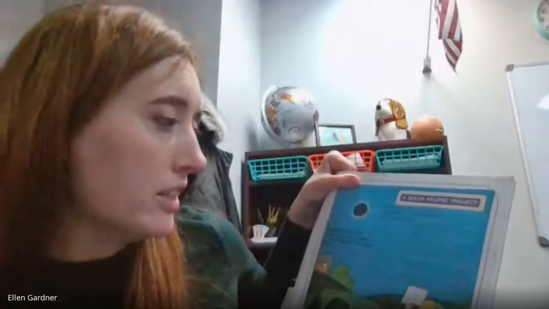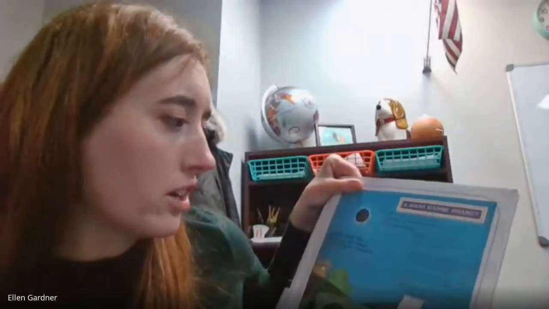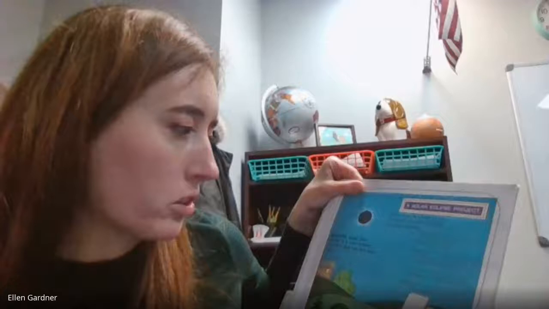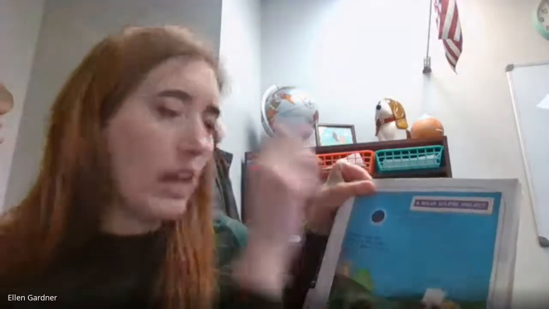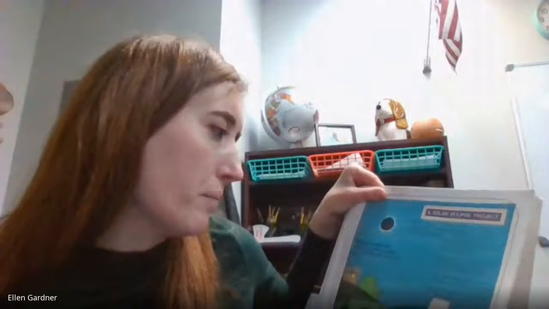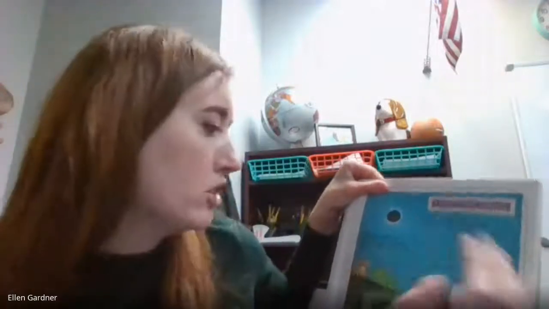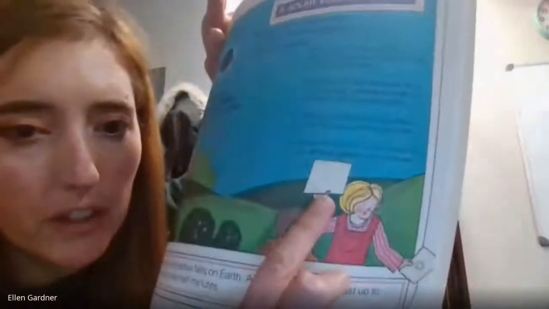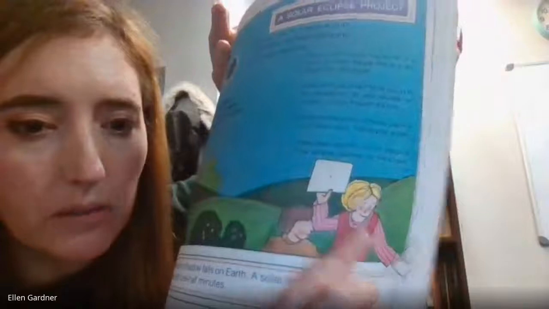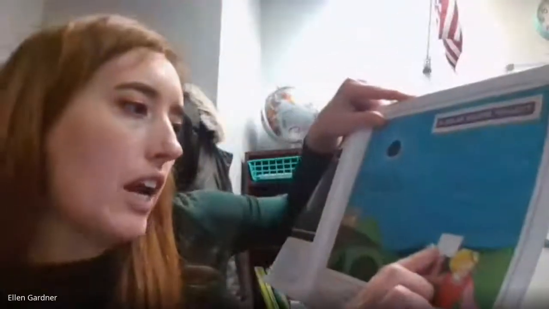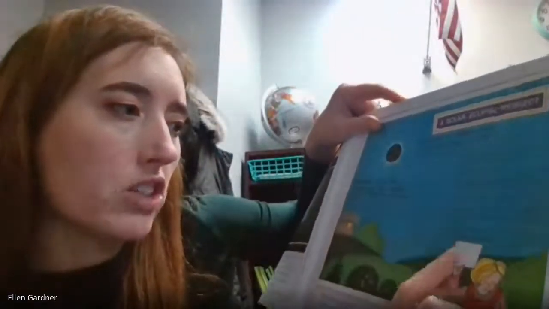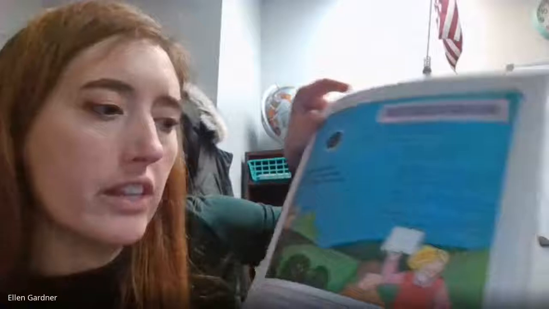Stand with your back to the sun and hold the projector at your shoulder so sunlight shines through the hole, allowing some sun to come through to another piece of paper with your hand, and that would be the screen. She's got a piece of paper with the hole, and then the sun comes through to that paper. And move both papers until an image of an eclipse appears on this paper here. That would kind of give you an idea of what a solar eclipse would be like.